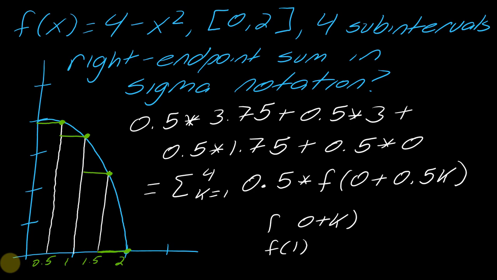So I have to make these adjustments in this sum, and play around with it. I start here at 0, and each interval is this 0.5 width. If I plug this in, this won't start me at 0. I have to plug in 1 for k. So this actually gives me 0 plus 0.5, because 0.5 times 1 is just 0.5. This will get me f of 0.5 and set this particular height. Then when I go to the next one, that'll get me to 1, and then 1.5, and then 2. So this is the way that you represent this. This is the thing that I wanted to do here.